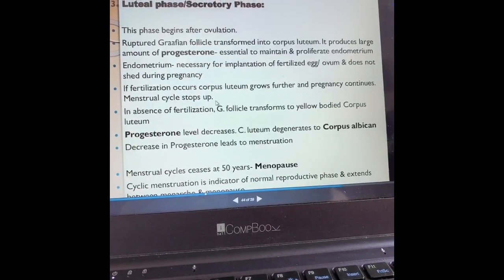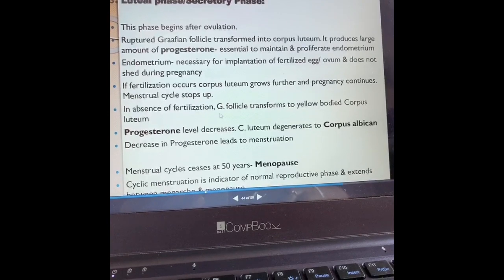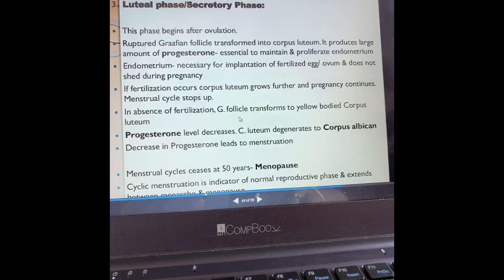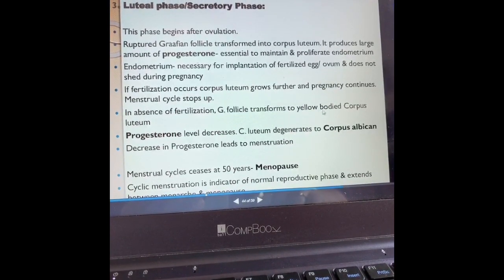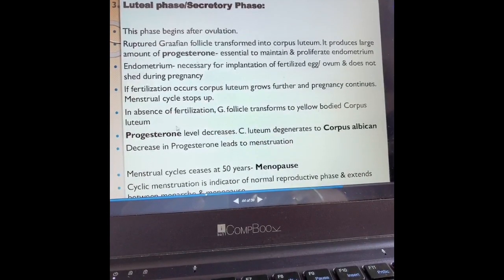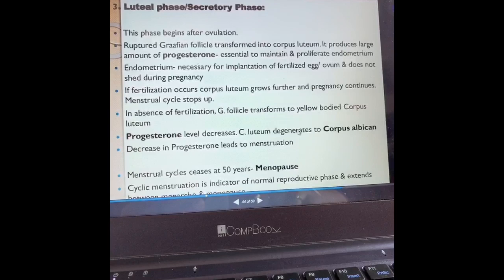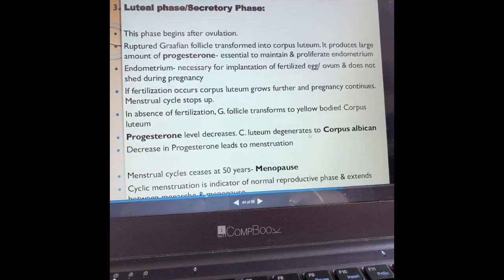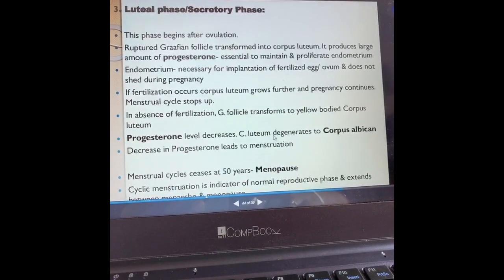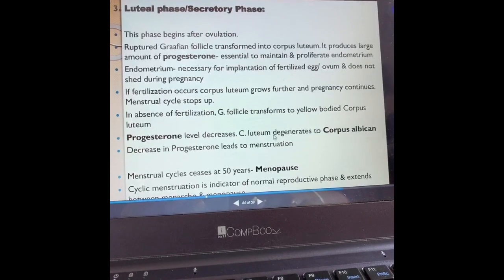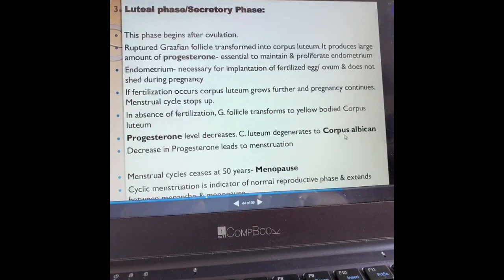It has been halted. In the absence of fertilization, the Graafian follicle transforms to a yellow body known as the corpus luteum. Progesterone level decreases if the corpus luteum degenerates to corpus albicans. That means if fertilization has not occurred, the corpus luteum degenerates to corpus albicans, and the decrease in progesterone leads to menstruation.